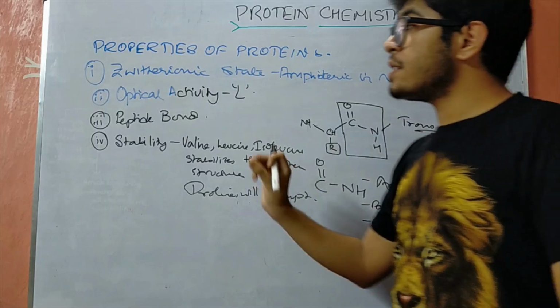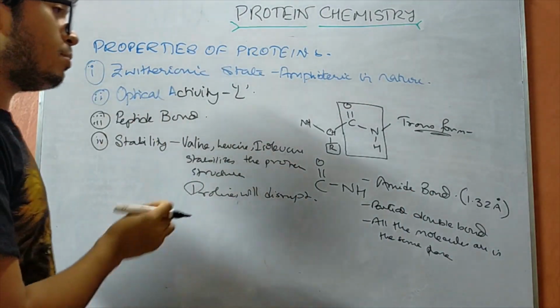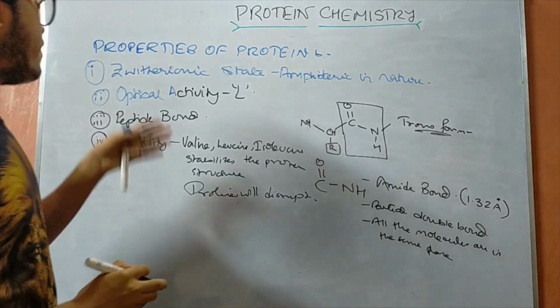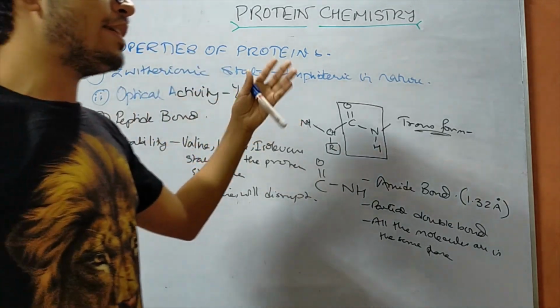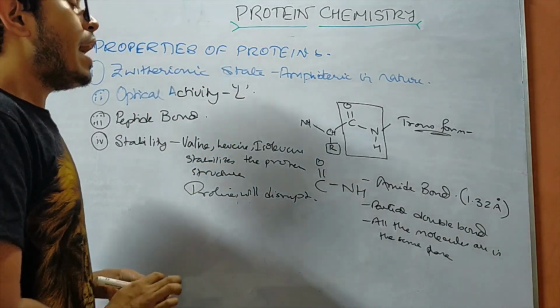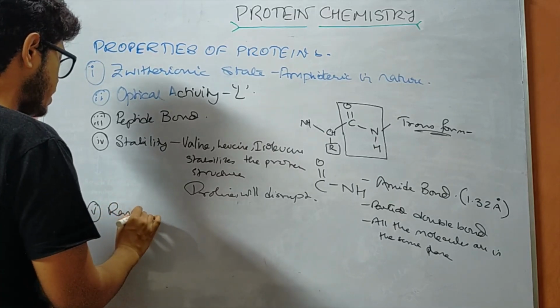So the properties of proteins will include the zwitterionic state, or amphoteric or amphibolic in nature. It is going to have an optical activity, and peptide bond formation, which is present in the trans form. We also will be discussing something called the Ramachandran plot.